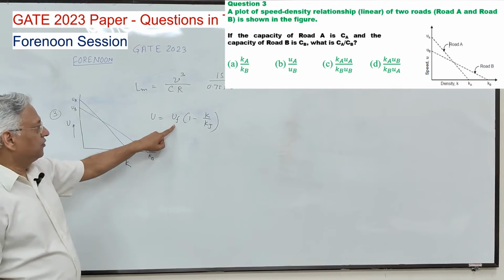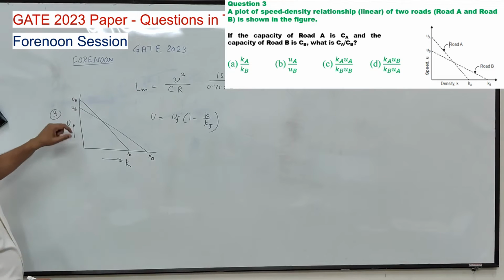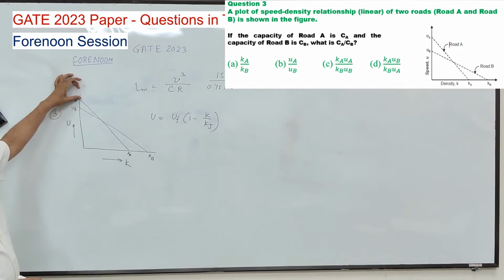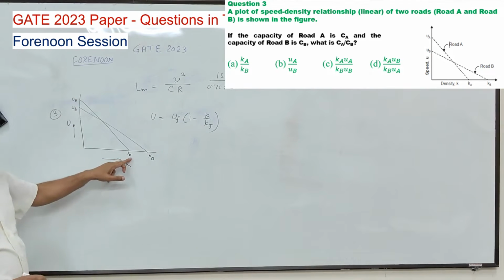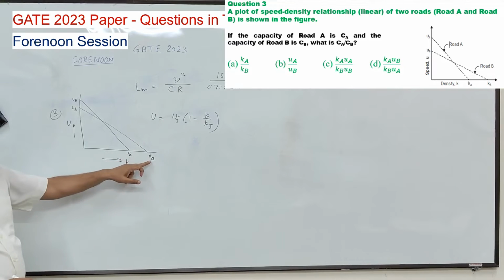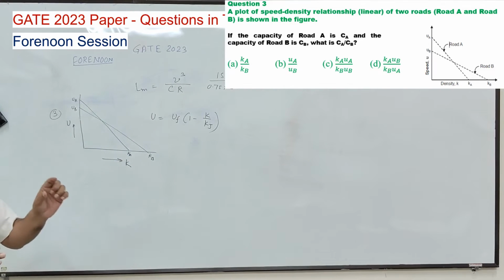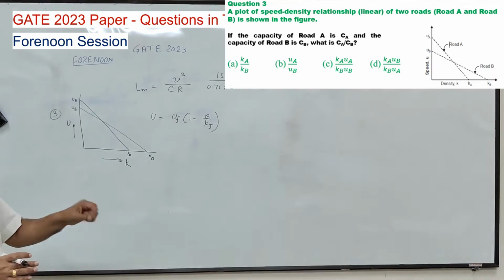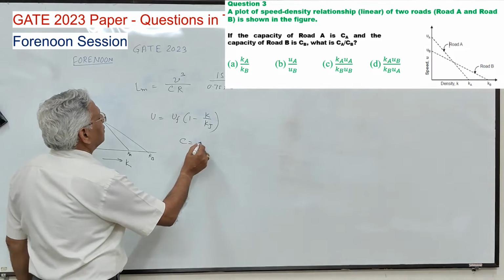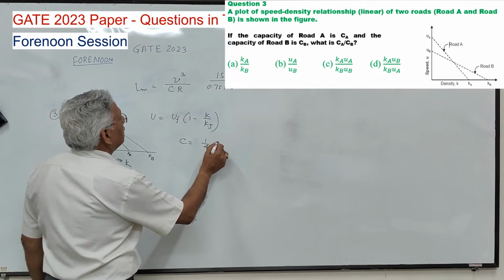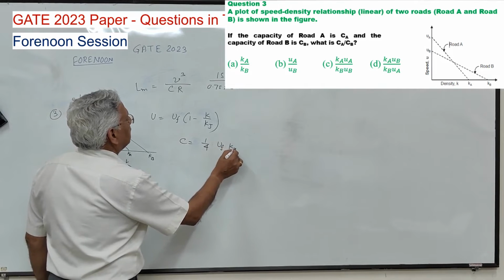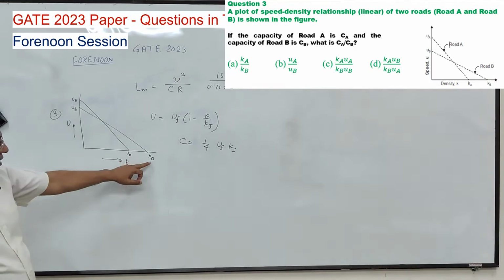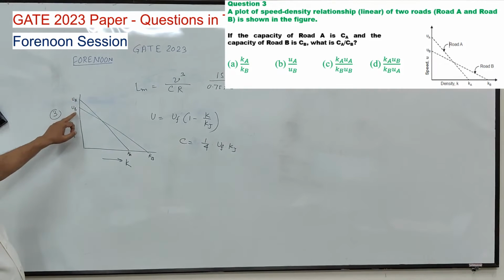Now here UF is the free flow speed. When density is 0, then speed is maximum and that is called free flow speed. And when speed is 0, that is called jam density. So Ka and Kb are extreme conditions of density, they are jam density, and Ua and Ub are free flow speed on two roads. And capacity is given by 1 by 4 into free flow speed into Kj, jam density. Now jam density Ka and Kb, free flow speed Ua and Ub.